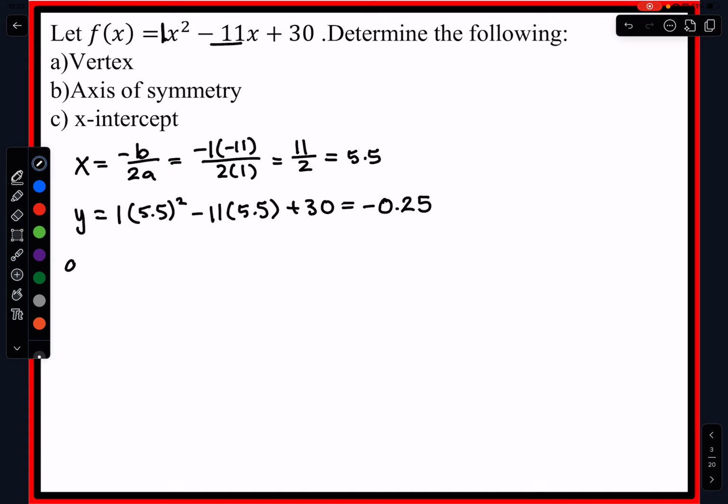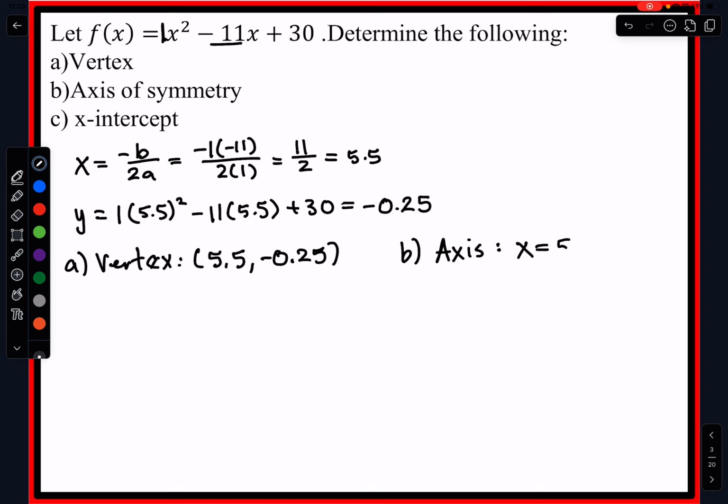So we now know that the vertex is the following. Now, because the axis of symmetry goes through the vertex, our axis will be the vertical line x equals 5.5.